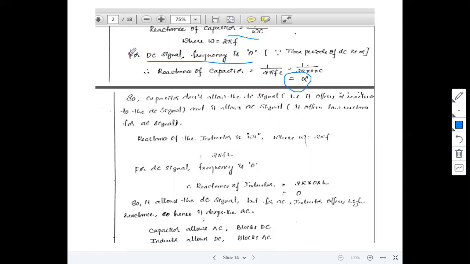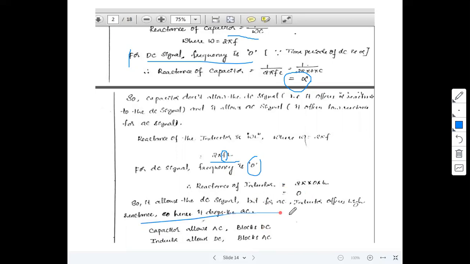That is about capacitors. Coming to inductors, inductor reactance is equal to 2 pi fL. For f equal to 0, that is DC signals, the reactance is equal to 0. That means it allows the DC.